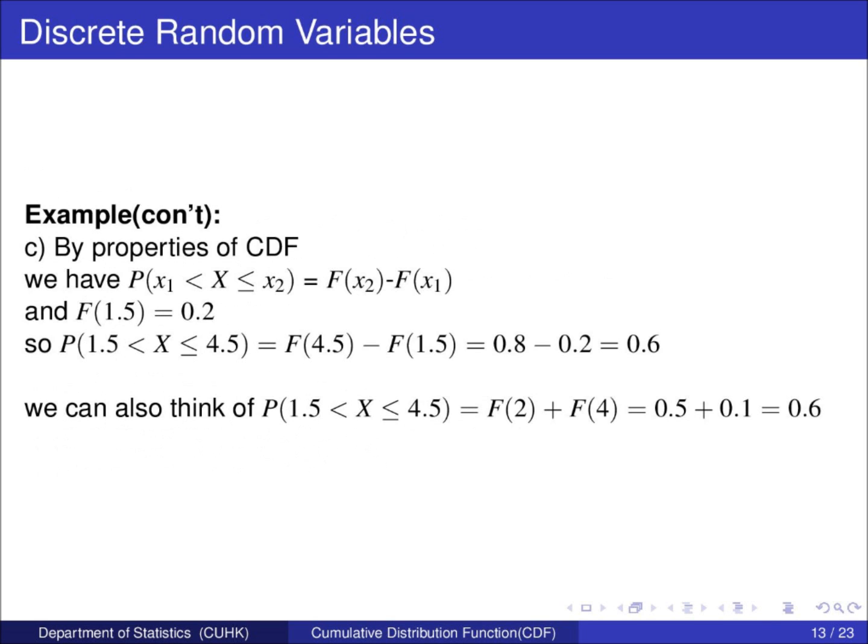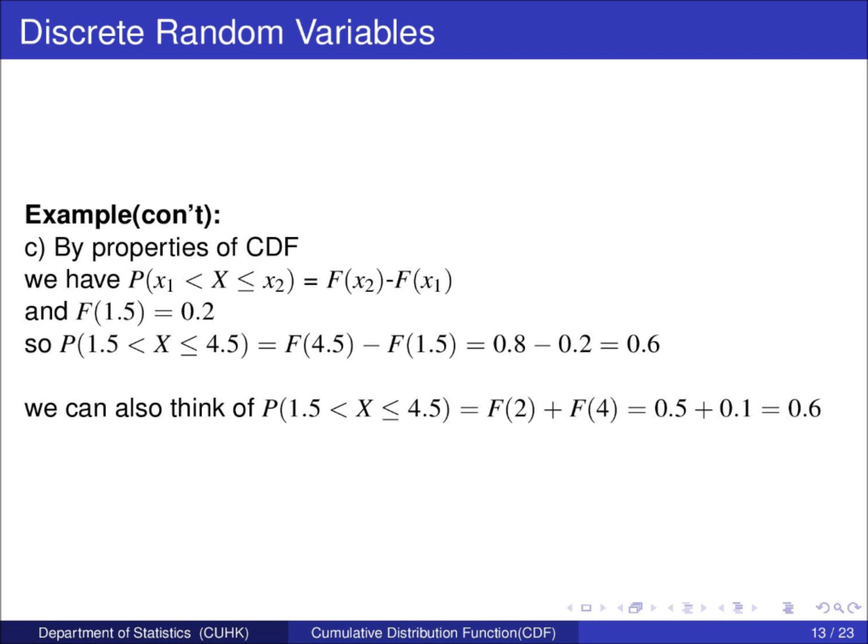For part C, we are going to find the probability of X being larger than 1.5 but smaller than or equal to 4.5. By the property of CDF, we know the probability of X being between x1 and x2, the two given values, is equal to the difference of two cumulative distribution functions, which is F(x2) minus F(x1). We are given that F(1.5) is equal to 0.2.